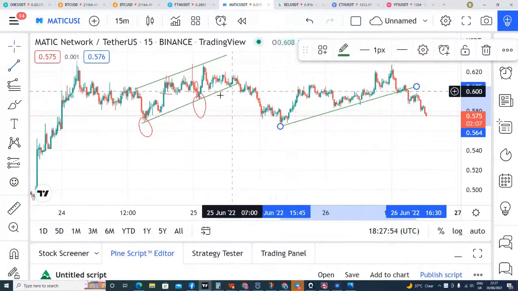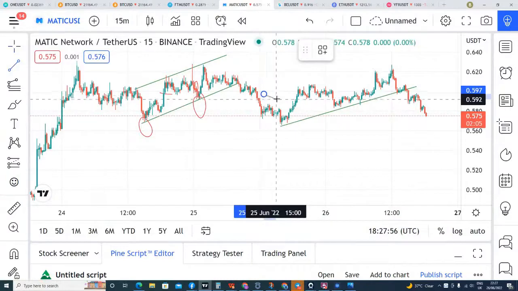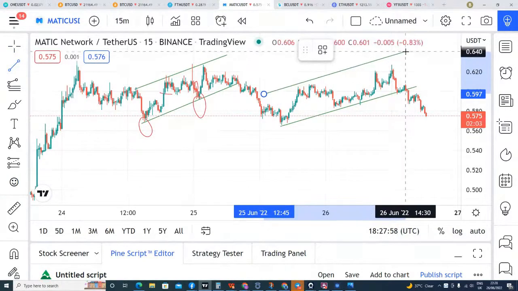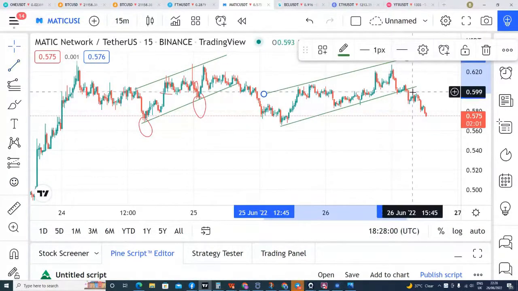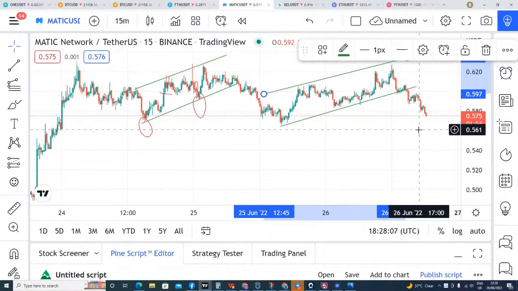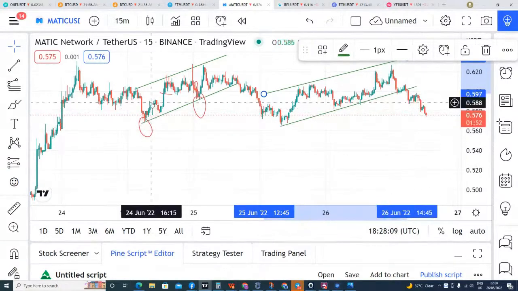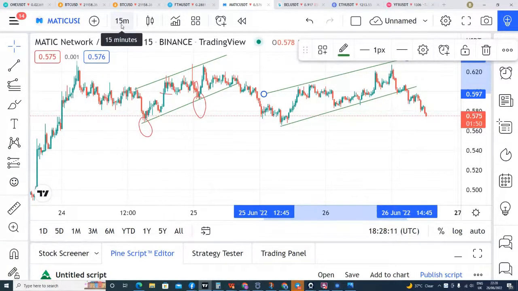If this one gets broken, and we know the market has broken this channel, what else to expect? Short the market down. This time frame is 15 minutes.